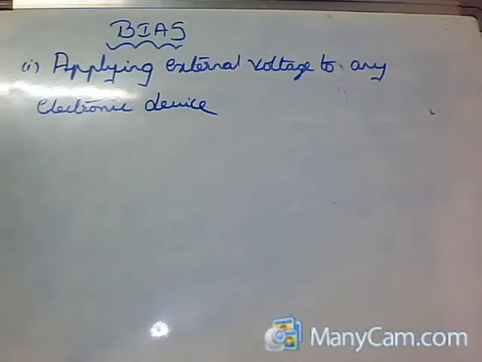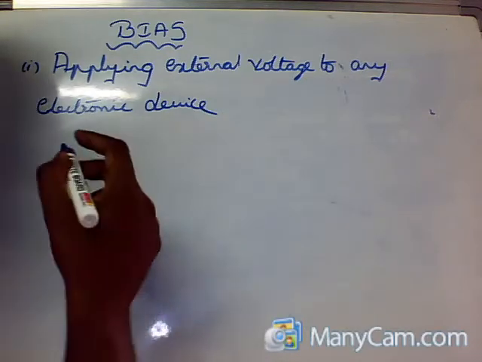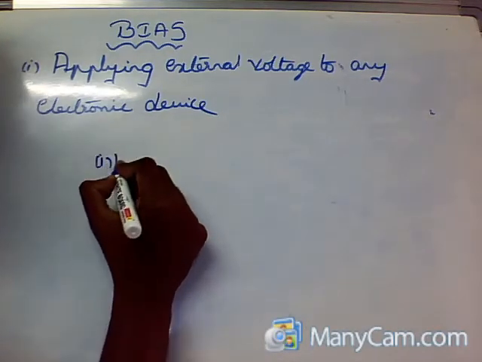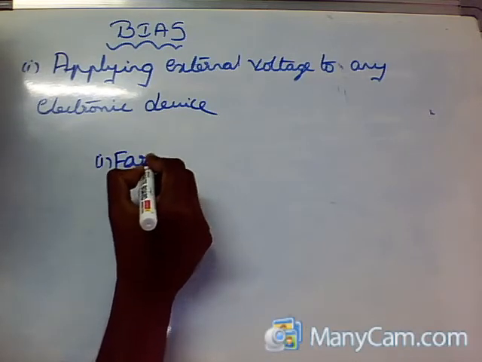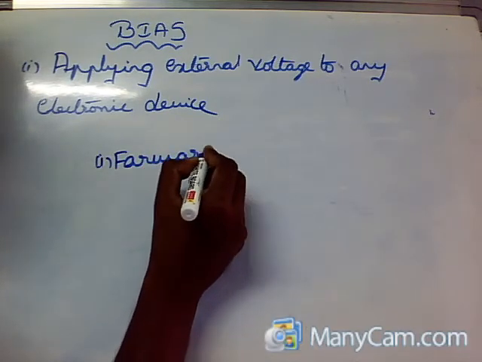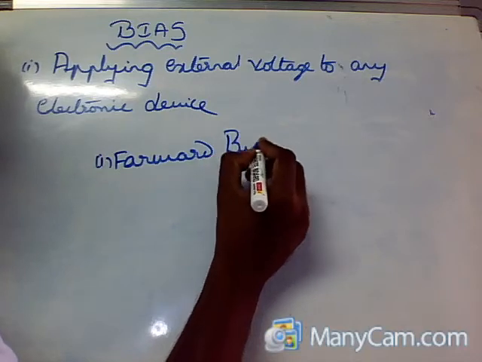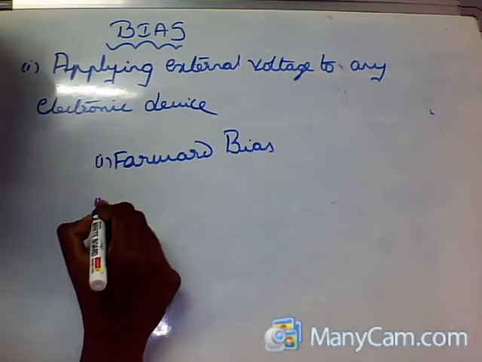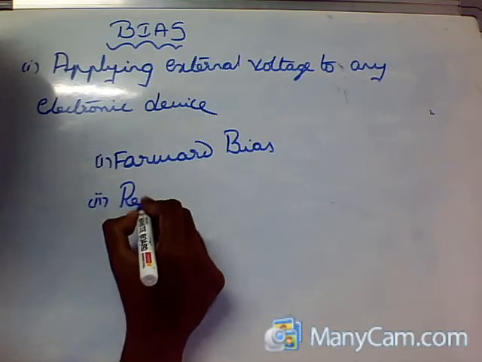So, based on the application of voltages to the diode, our diode falls into two types of states. One is forward biased and second is reverse biased.